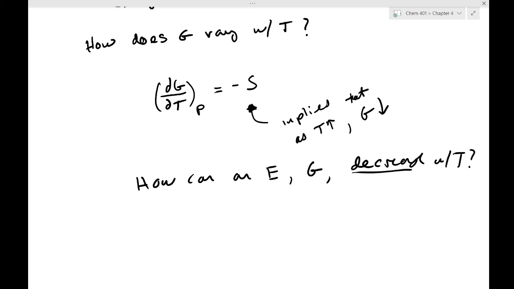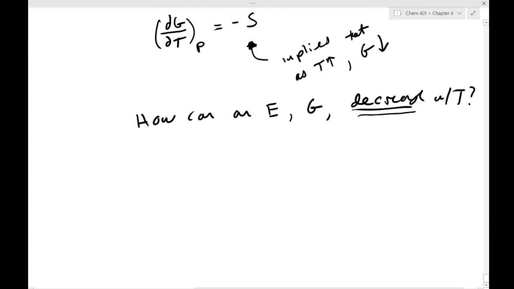But here we're seeing an implication that the Gibbs energy actually decreases with temperature. And if we recall the definition for Gibbs free energy, G is equal to H minus TS.